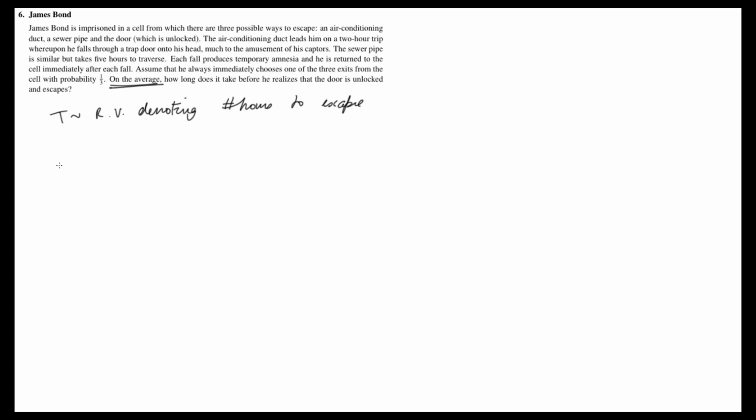So that way we can write something like a recursive relationship. We have the expectation of T is equal to, well, how often does he take the 2-hour pathway? 1/3 of the time he takes 2 hours plus reset, 1/3 of the time he takes 5 hours plus reset, and 1/3 of the time he takes 0 hours and he escapes.